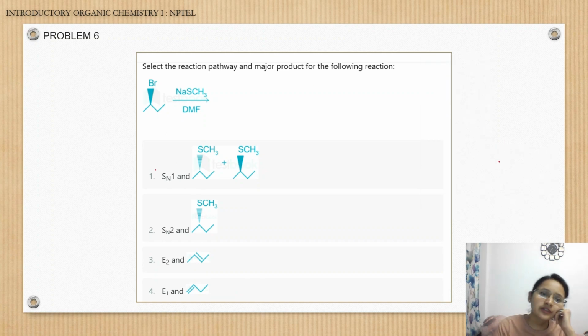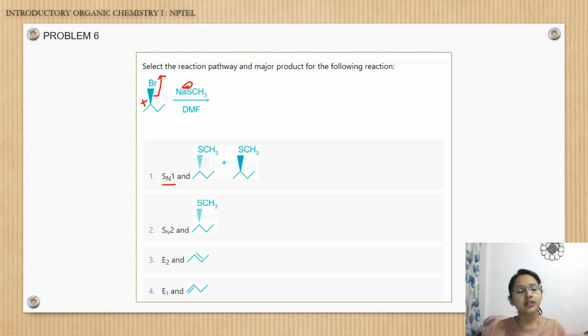Coming back to the question, here you have to see whether it is an SN1 or SN2 reaction. Coming to the basics, SN1 is the substitution unimolecular nucleophilic reaction, and SN2 is the substitution bimolecular nucleophilic reaction. In the SN1 reaction, first of all, the leaving group will leave out and generate a carbocation, and that carbocation is then trapped by the nucleophile present in the system.